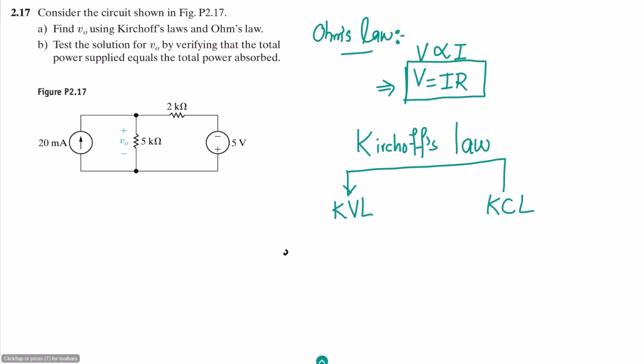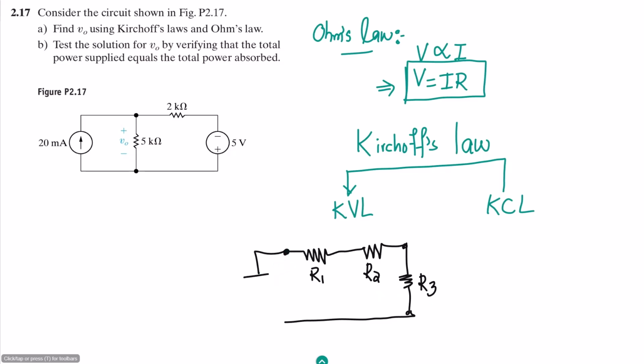Okay, so suppose we have this branch. This is a resistor, this is another resistor, and here we have this resistor. Let me call them R1, R2, and R3. If we apply a voltage source here, this is Vs, this is plus, this is minus, so it will be VR1, VR2, and VR3.